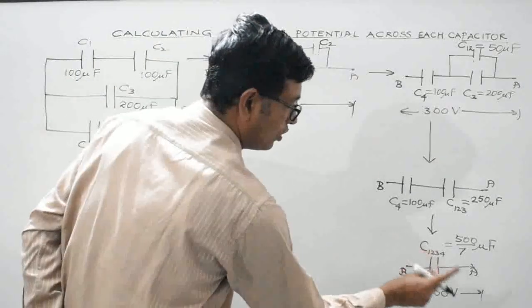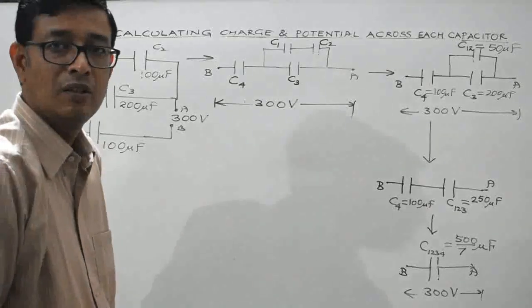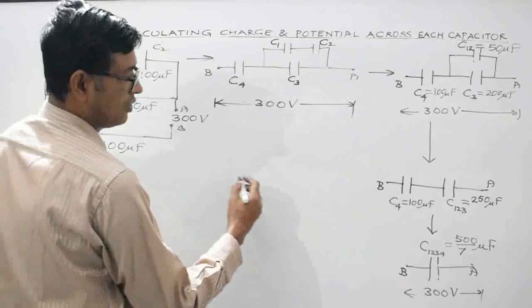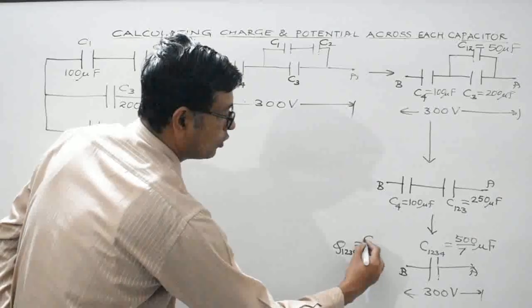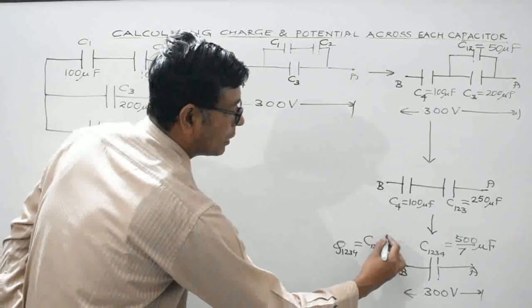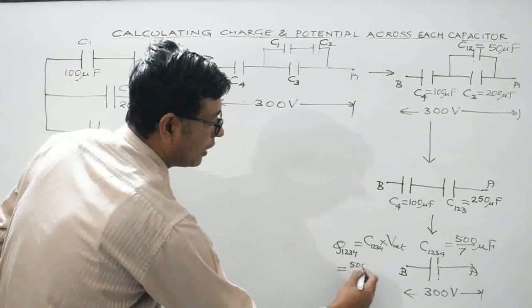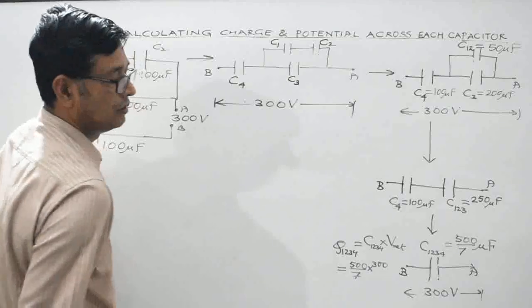Okay. Net capacitance is known, net potential is known, net charge can be easily calculated. By which formula? Q equals CV. So what about the net charge? Let's calculate Q1234. It will be equal to C1234 multiplied by net potential difference. So it is 500 by 7 multiplied by 300. Right?